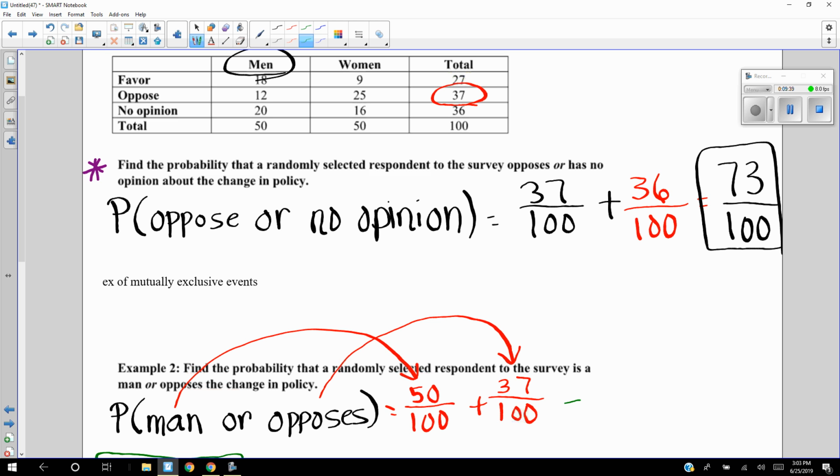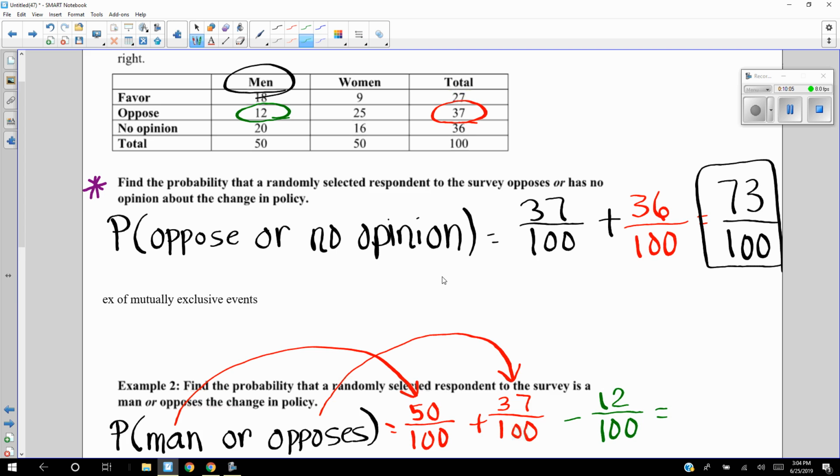So if we look at our table, we want to find out how many men we have that also oppose public policy. You can see the table lines up right here at 12. There are 12 men that oppose this. So we're going to subtract where they intersect, which is 12 out of 100.